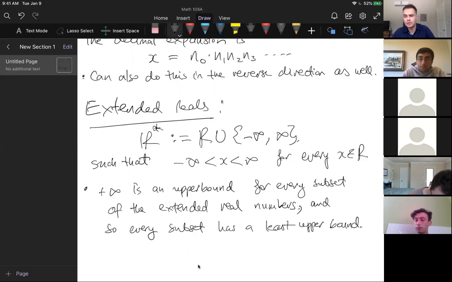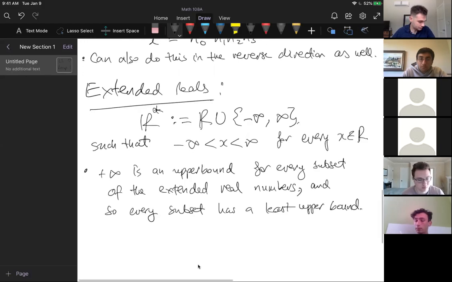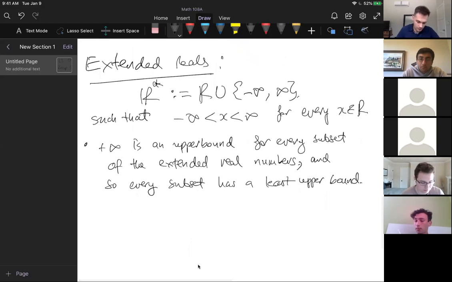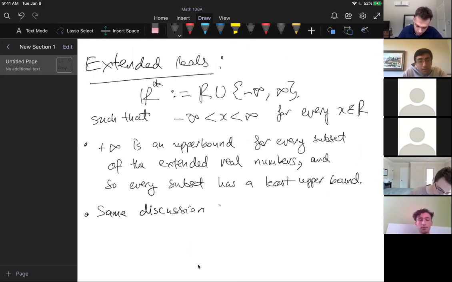Because if we were just working with the real numbers, for the least upper bound to exist, we need to take a subset that's not empty and bounded. All right, but here, if the set is not bounded, you can just take positive infinity as an upper bound. Okay. And then the same discussion applies to lower bounds.